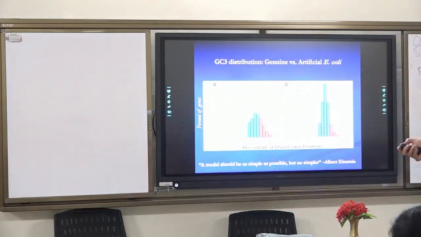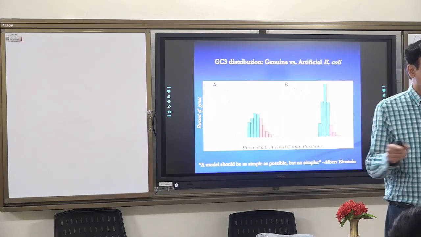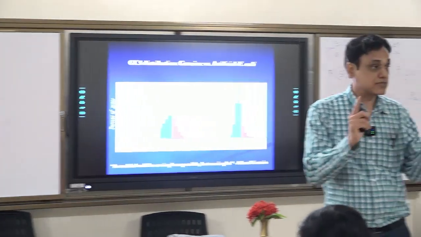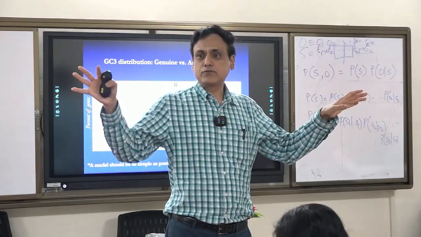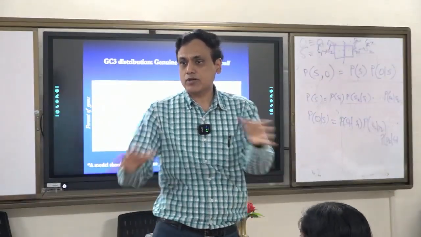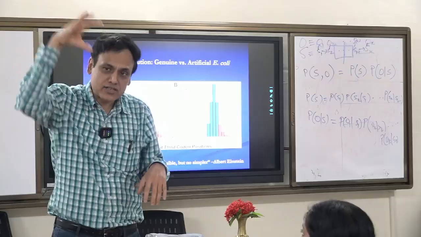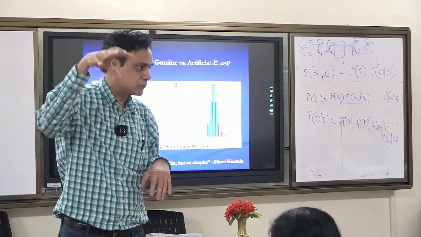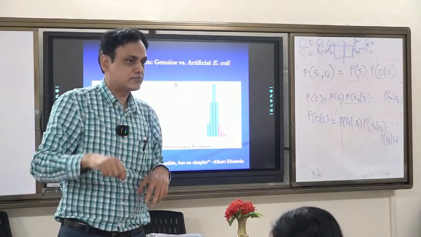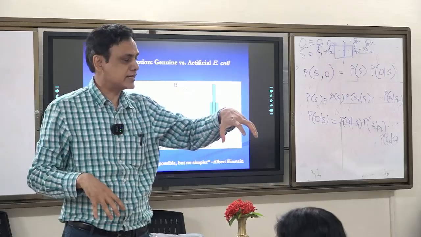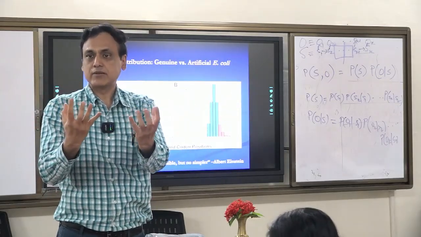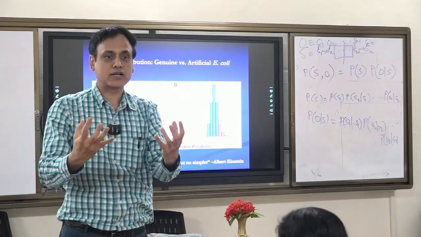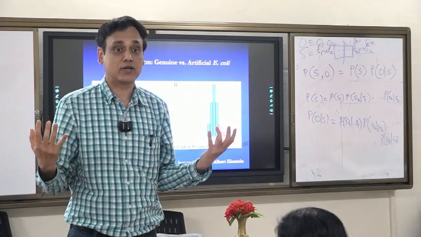So an artificial E. coli was generated using a hidden Markov model, but one gene model was developed. There are over 4,000 E. coli genes. They were concatenated, and one model was trained on the concatenated sequences. So there was one gene model, and one model trained on all non-coding sequences, and all these were integrated within the framework of the hidden Markov model to generate an artificial E. coli sequence.